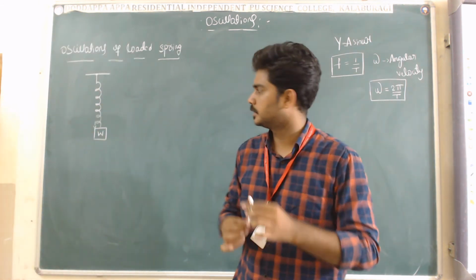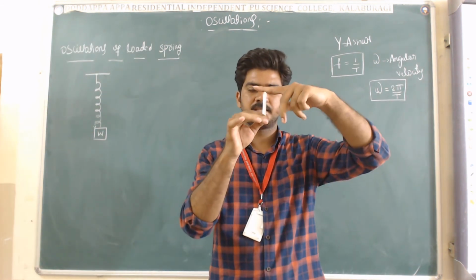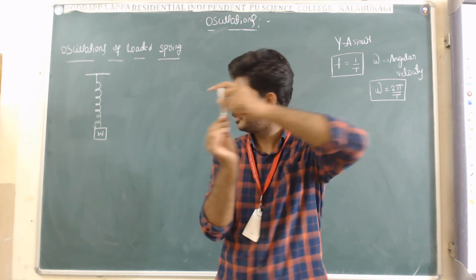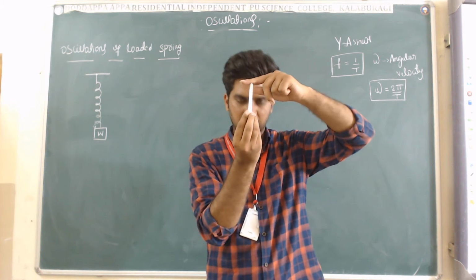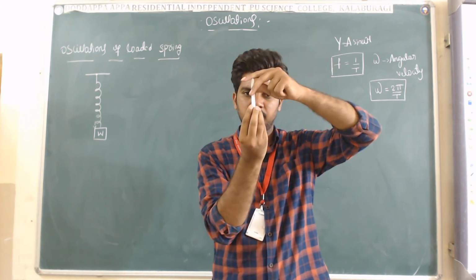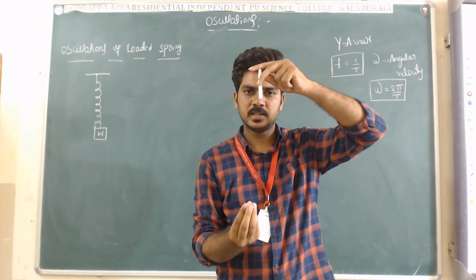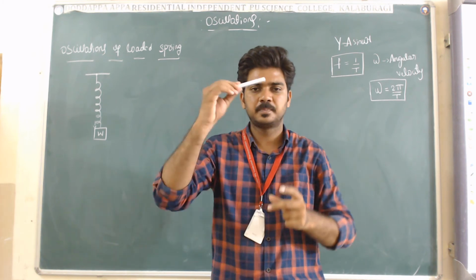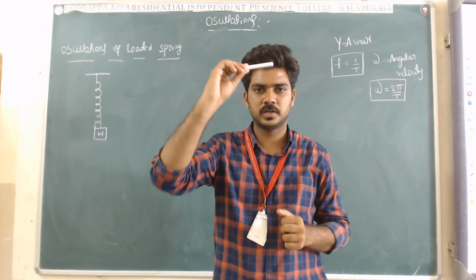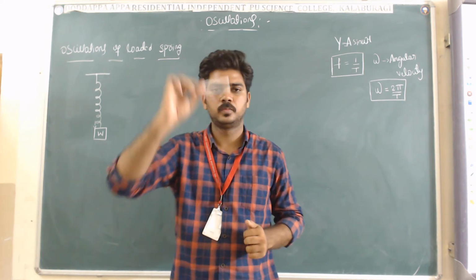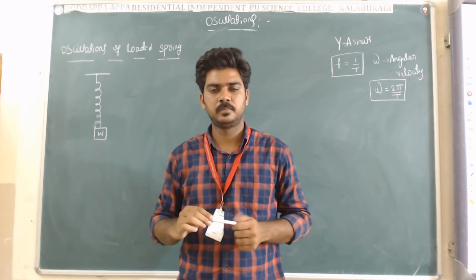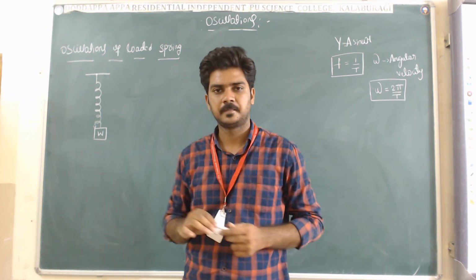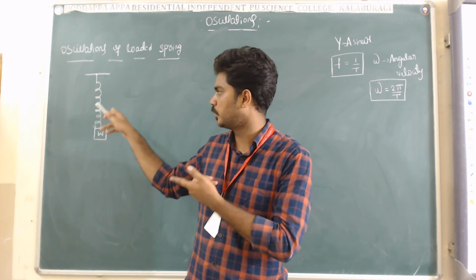Just assume this is the spring, the upper part is fixed, and at the lower part we have added some weight. Now I am pulling the weight downward, and once I release it, the spring will have to and fro motion, or oscillatory motion. While it oscillates, how much time will it take, and what about the frequency? These are the two things we are going to discuss here.